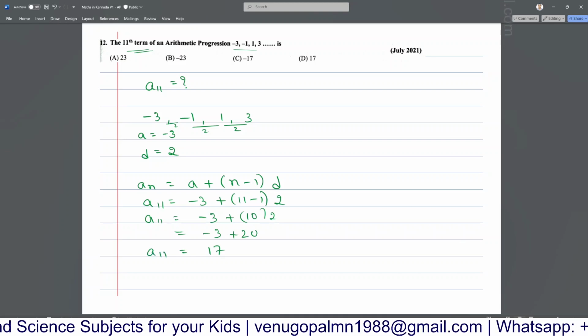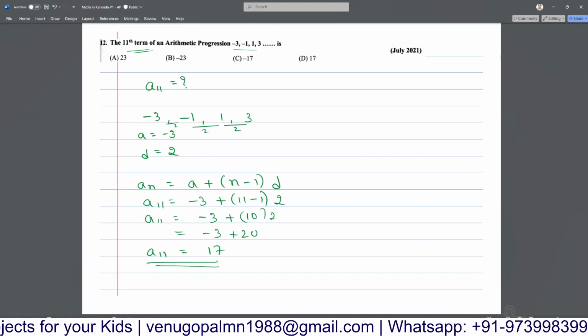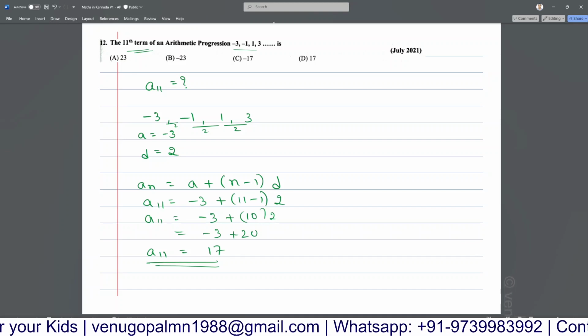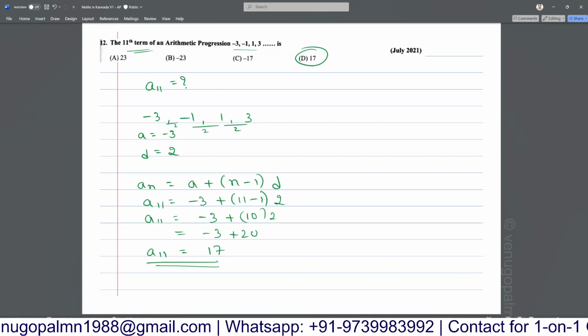So the 11th term of the AP is 17. See here they have given minus 17 and plus 17. So be careful, mark the right answer with the right sign.